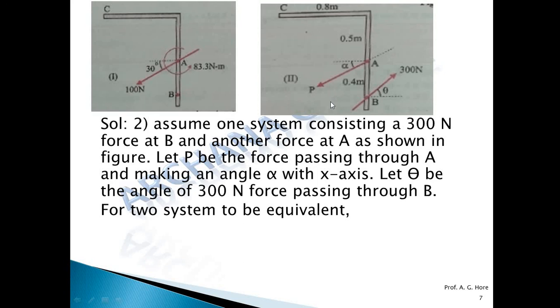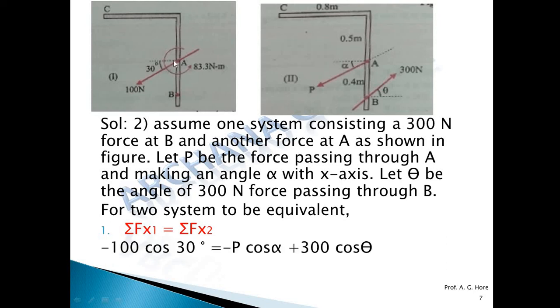Okay, now let's see. First apply the equation summation Fx of first system and second system. Now first system summation Fx is, this force is in third quadrant, so x component is minus 100 cos 30. Now summation Fx of second system is minus P cos alpha plus 300 cos theta.